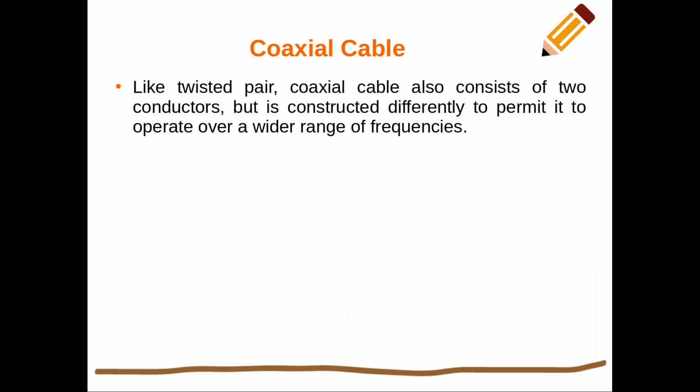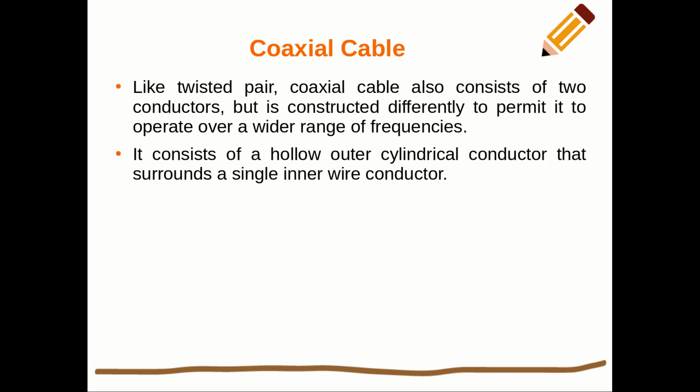Like twisted pair, coaxial cable also consists of two conductors but is constructed differently to permit it to operate over a wider range of frequency, and the way the two conductors are arranged is shown before. It consists of a hollow outer cylinder conductor that surrounds a single inner wire conductor.